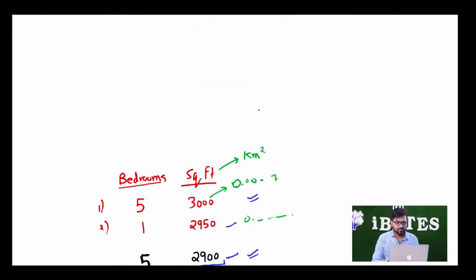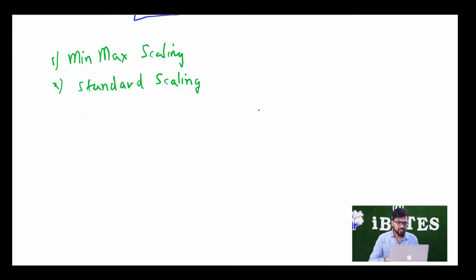So this is what we do in min-max scaling. How do we actually do it? Let's say I have a few values: 10, 30, 40, 70 and 100. Let's say these are the values that I want to scale.